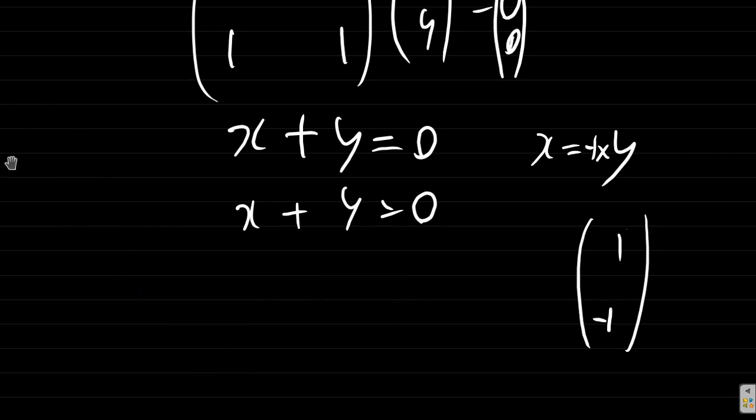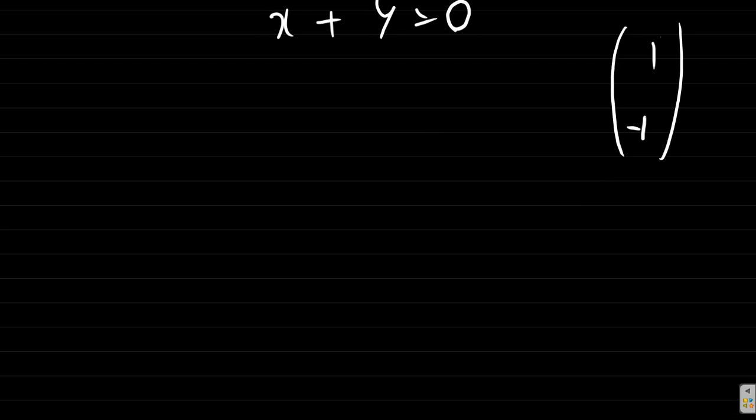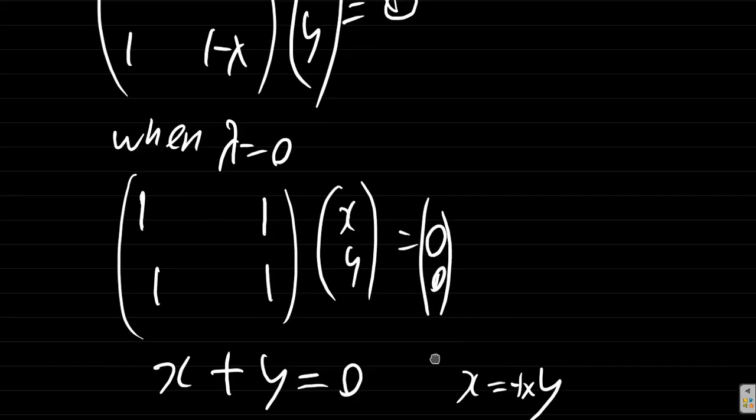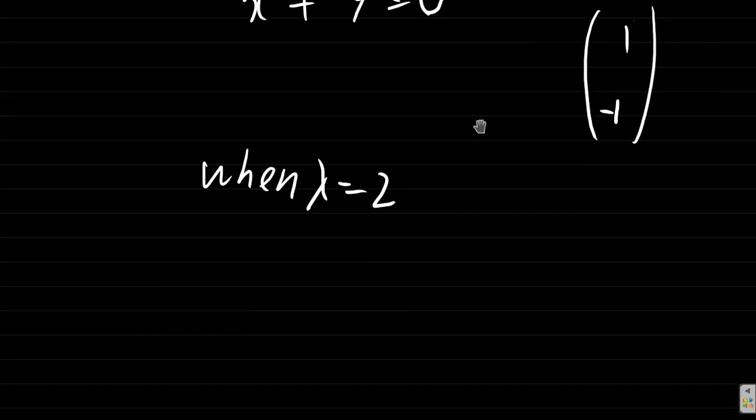Now that's what happened when you have lambda equals 0. What happens when lambda is 2? Let's see. When lambda is equal to 2, 1 minus lambda becomes 1 minus 2.